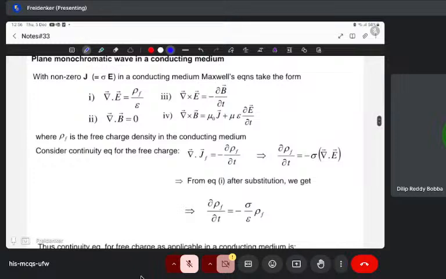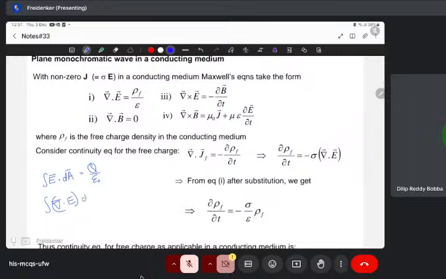Okay, this is the continuity equation. Because Gauss law is essentially this, right? Epsilon naught E dot dA is this one, and then Gauss divergence.